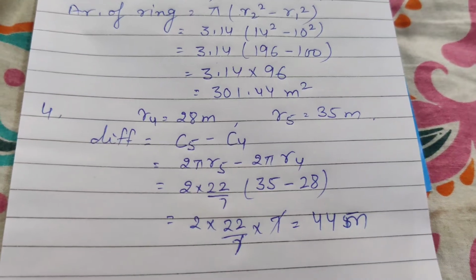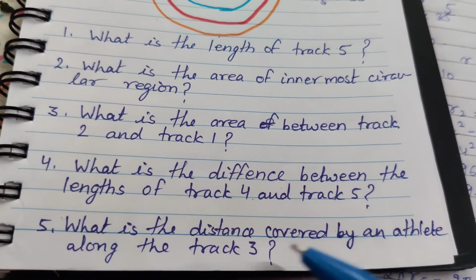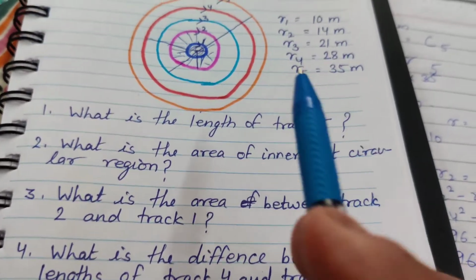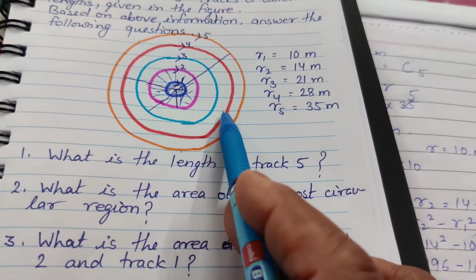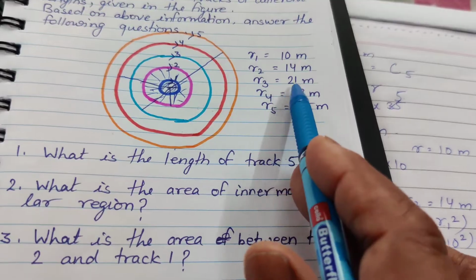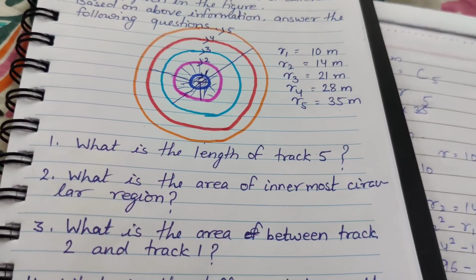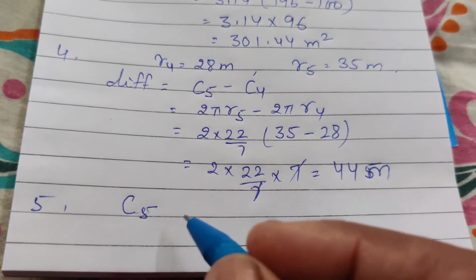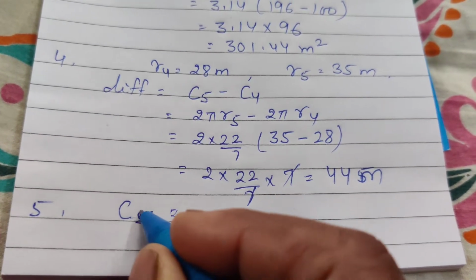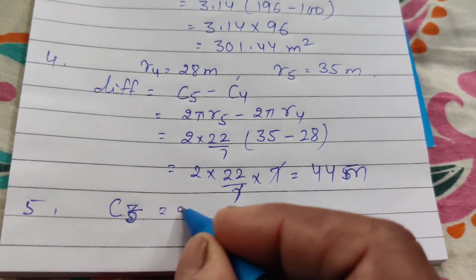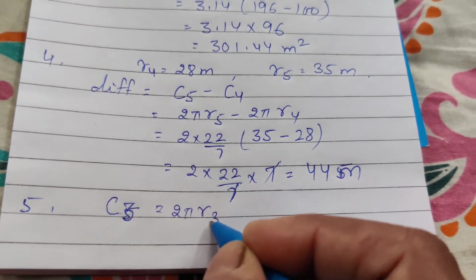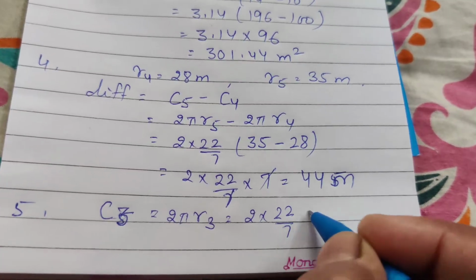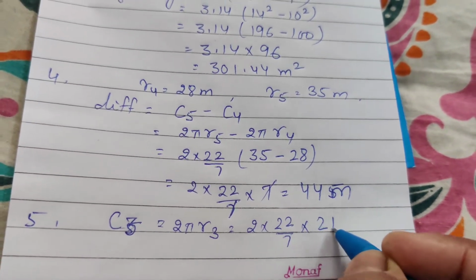The last question. What is the distance covered by an athlete along the track 3? Track 3 means this one, the blue track. R3 is given as 21 meter. Total distance covered by track 3 is the circumference of the third track, 2 pi r. 2 into 22 by 7, R3 is 21.